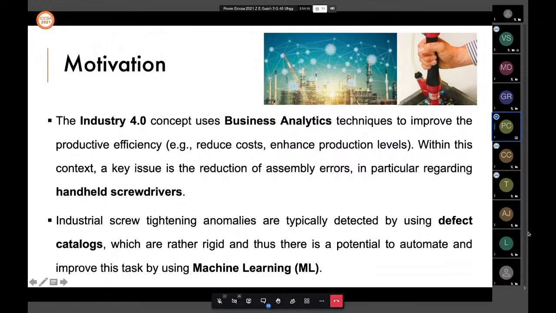It has a collection of defects, and if the way the data is generated follows the typical curve of a defect catalog, it is signaled as a failure. The idea is to see in this study if we can automate this process and turn it into something more flexible and automated, and possibly with better results if we use machine learning.